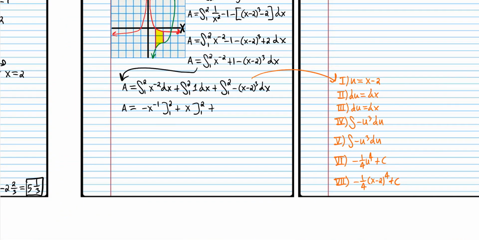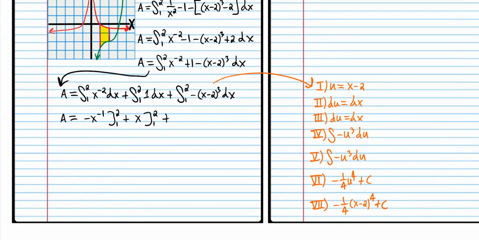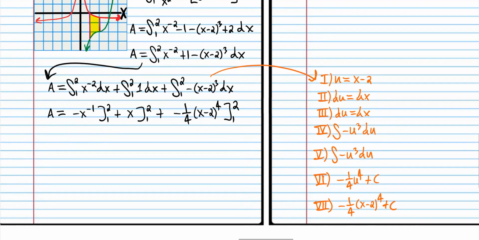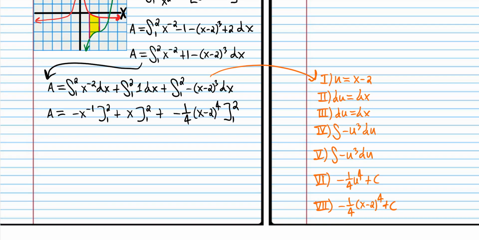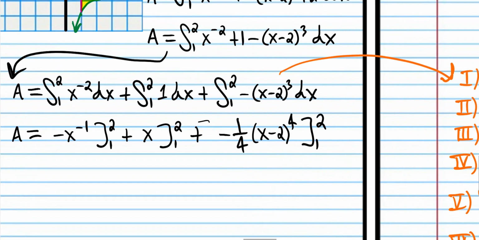Okay, so that is the antiderivative. It's negative 1/4 x minus 2 to the 4th power from 1 to 2. Now, we're not allowed to have a plus symbol next to a negative symbol like this.